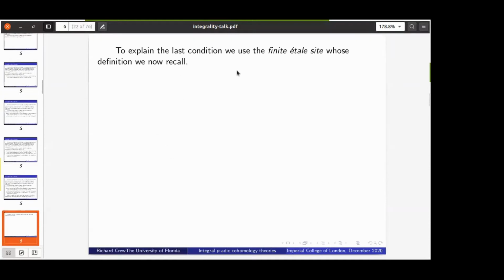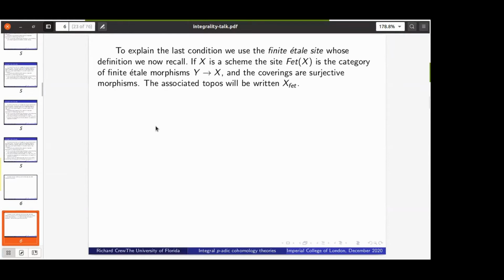To explain the last condition, I will use the finite étale site, whose definition we now recall. So X is a scheme. Then the finite étale site is the category of finite étale morphisms Y to X, and coverings are surjective morphisms. The associated topos will be written in the usual way.